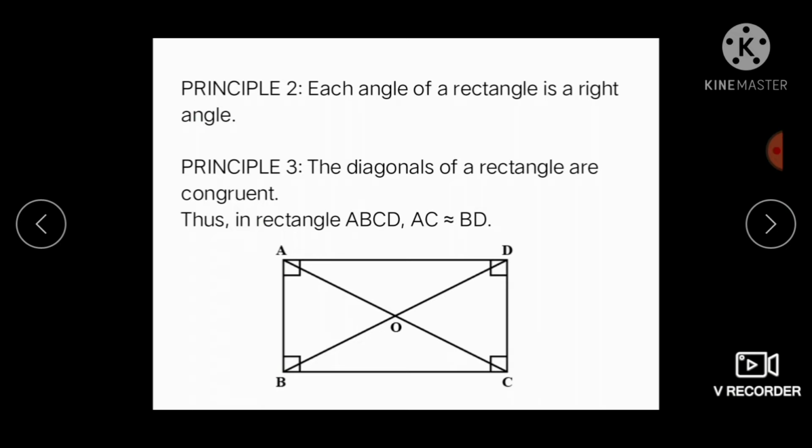We also know that angle B is 90 degrees, and this angle C is 90 degrees. So if two sides are congruent and two angles are congruent, and both triangles share one side, which is BC, it is side-angle-side congruence. That means triangle ABC and triangle DCB are congruent. Then diagonal AC and diagonal BD are also congruent. Thus, in a rectangle ABCD, diagonal AC and diagonal BD are congruent.